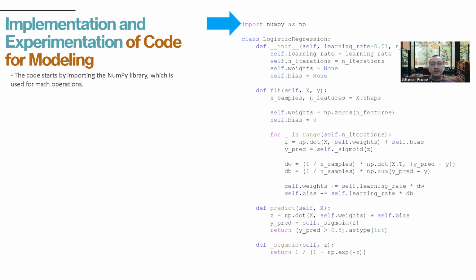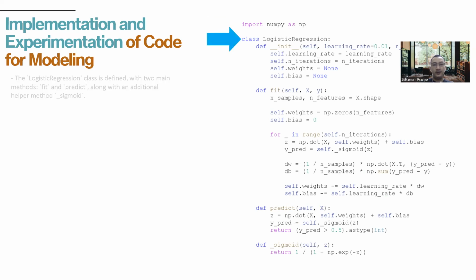From import numpy as np, the code starts by importing the numpy library, which is used for numerical operations, and then class LogisticRegression. The LogisticRegression class is defined with two main methods, fit and predict, along with an additional helper method, sigmoid.